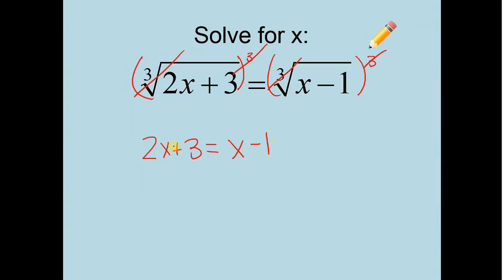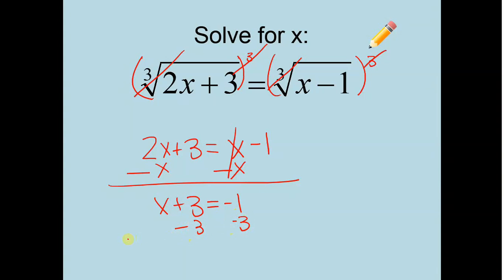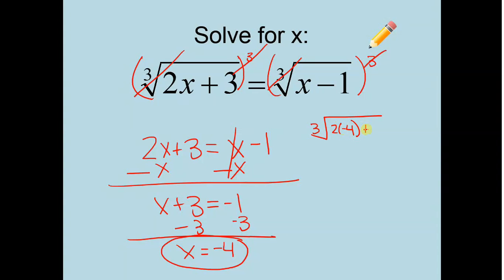Perfect. So now we can solve. Let's subtract x. It cancels over there, and I get an x over here. Subtract 3. x equals negative 4. Now let's make sure it works on both sides. Cube root of 2 times negative 4 plus 3, all that is the cube root of negative 8 plus 3, which is the cube root of negative 5.